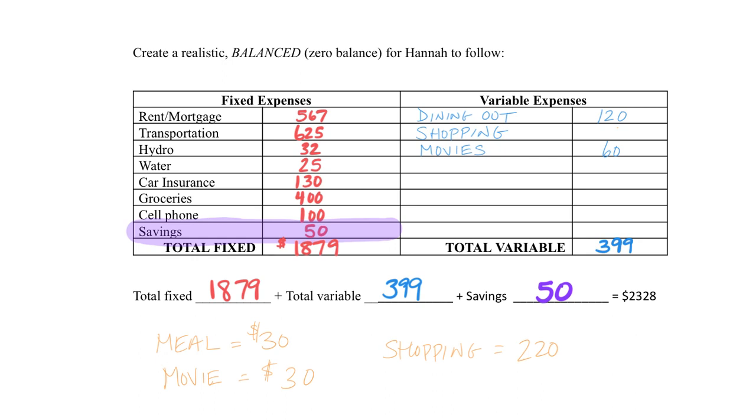Now, I would argue that seems like an awful lot of money to spend on shopping. But if that's the way that she hangs out with her friends, then maybe that's what we have. And so if that seems the most flexible, then maybe we slot in $220 for shopping per month. Again, seems a lot, but maybe that would be my list of expenses.